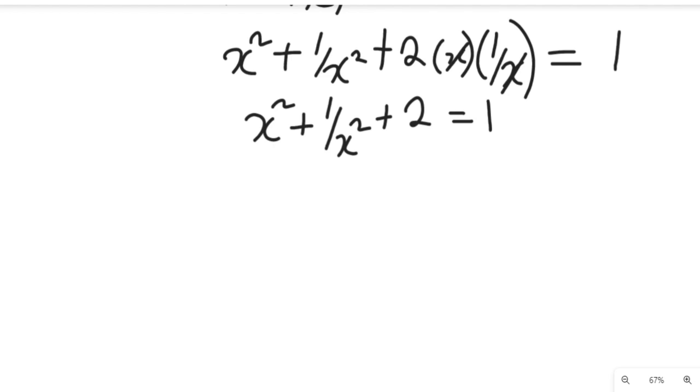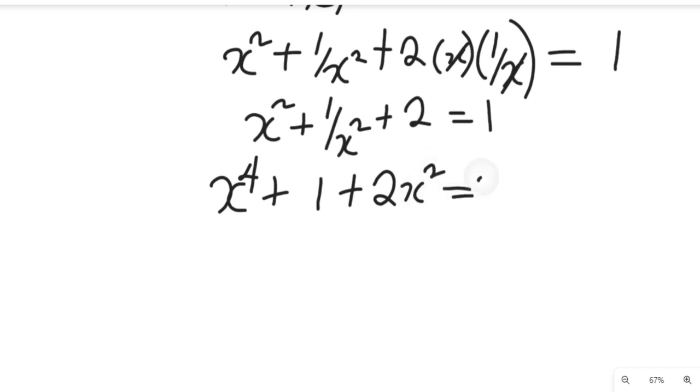So if we multiply through by x squared, this will give us x to the power of 4 plus 1 plus 2 times x squared, and this will be equal to x squared, because remember, whatever you do to the left hand side, you equally do to the right hand side.